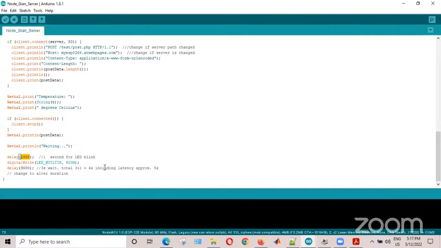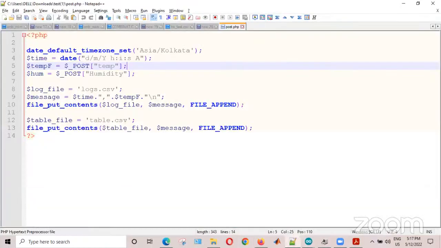So what we are doing on the server side, this is the server side code. On the server, a simple PHP script is running. PHP is a well-known language for writing server side code. In this PHP script, first of all, the NodeMCU is not providing any time data.